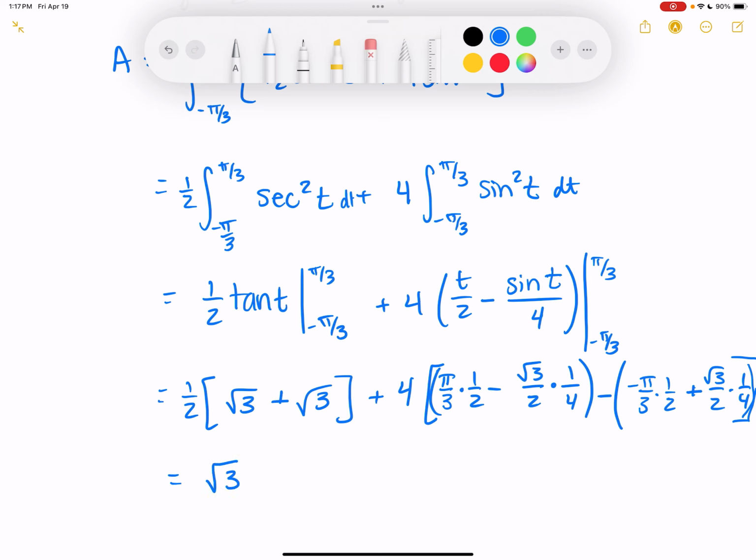Plus 4 times, this is crazy, pi over 6 minus root 3 over 8, and then plus pi over 6 minus root 3 over 8.